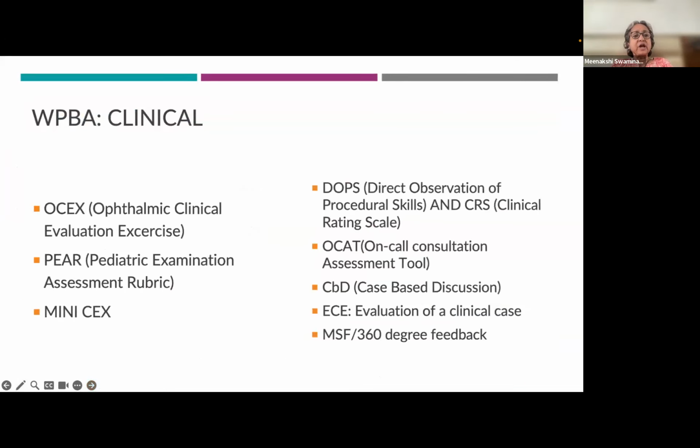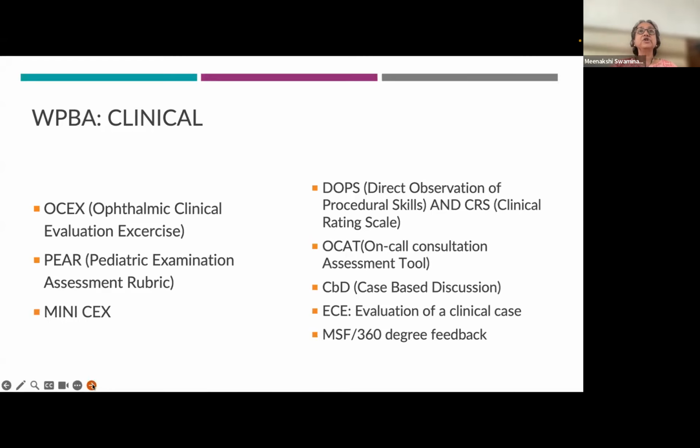So now that we know what rubrics are, we're going to look at what the instruments, the tools of assessment, we have. For clinical WPBAs, we have OCEX, which is the Ophthalmic Clinical Evaluation Exercise, the PEAR, Pediatric Examination Assessment Rubric, the Mini-CEX, the DOPS, which is Direct Observation of Procedural Skills, and CRS, Clinical Rating Scale, OCAT, which is for on-call assessment, CBD, which is case-based discussion, evaluation of a clinical case, and multi-source feedback.